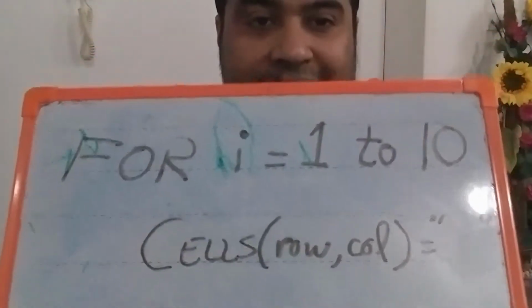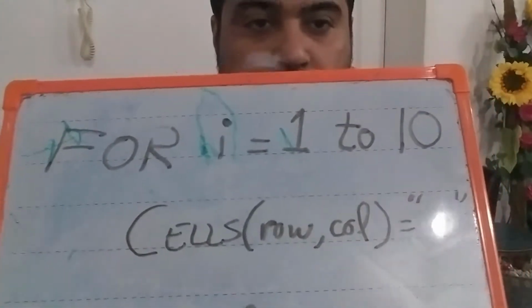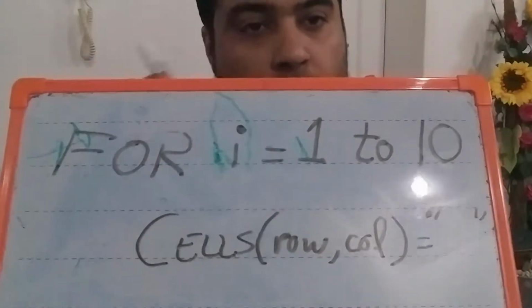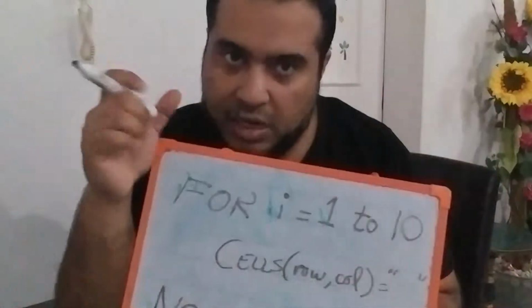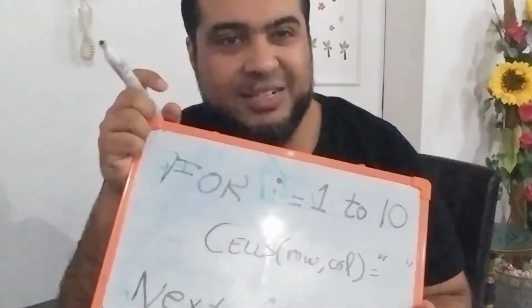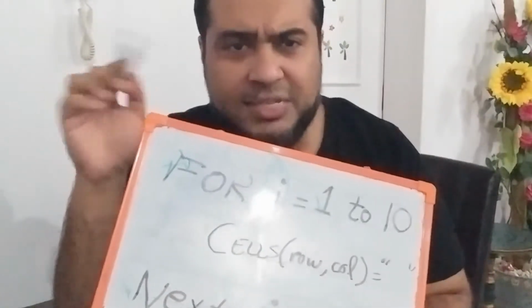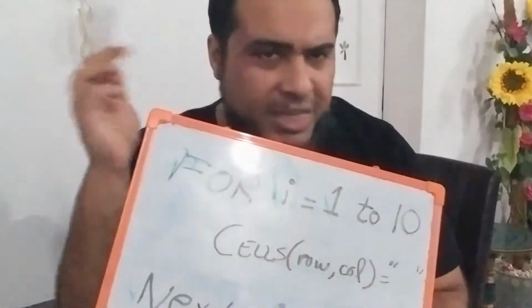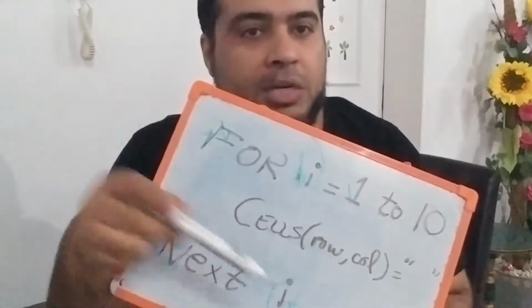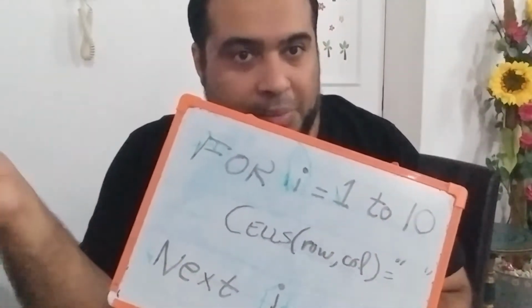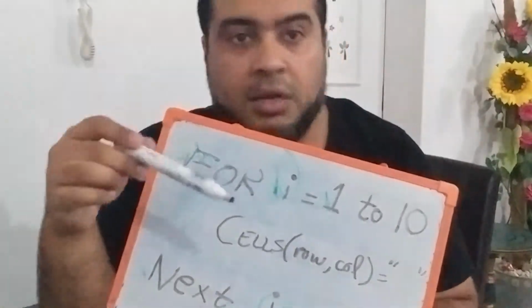The Cells command takes two variables in the bracket, row and column, as compared to your Range command. Range takes your normal Excel references, A1, B2, C3, those kinds of references. The Cells command takes two numbers, row number and column number, so both are numbers.